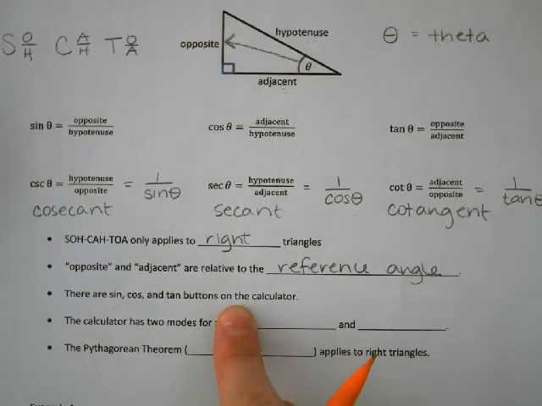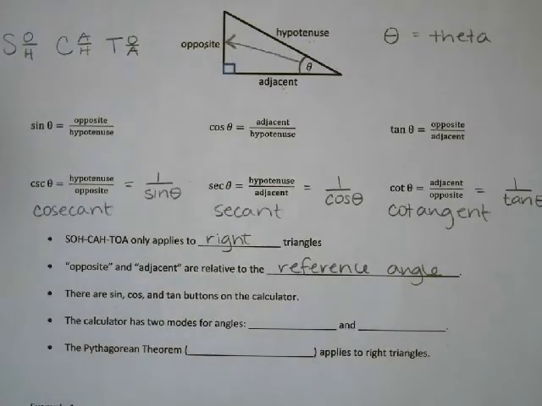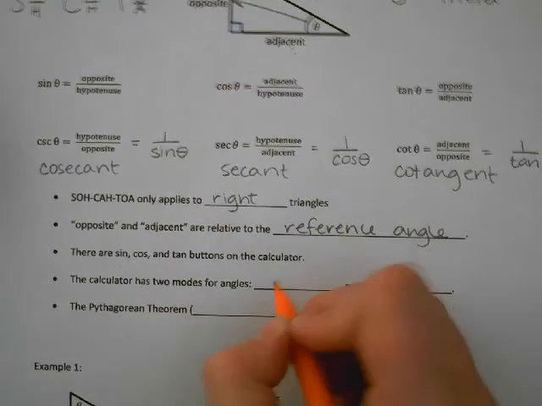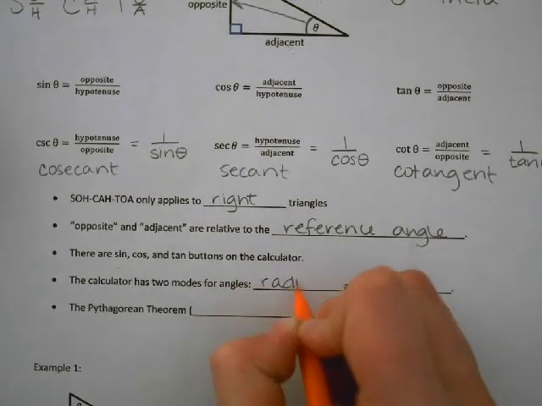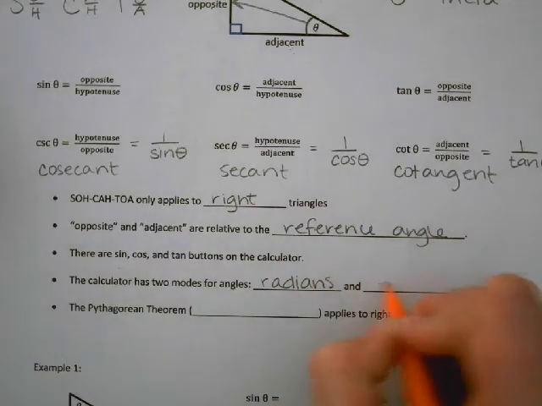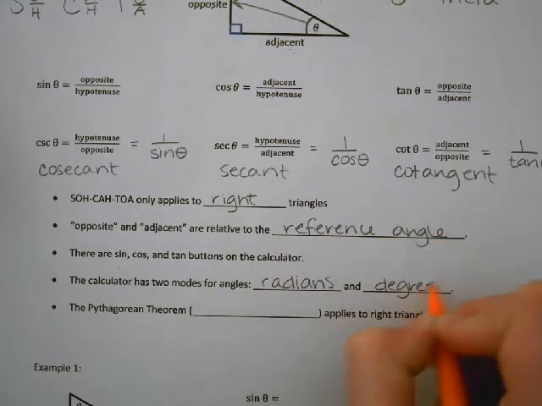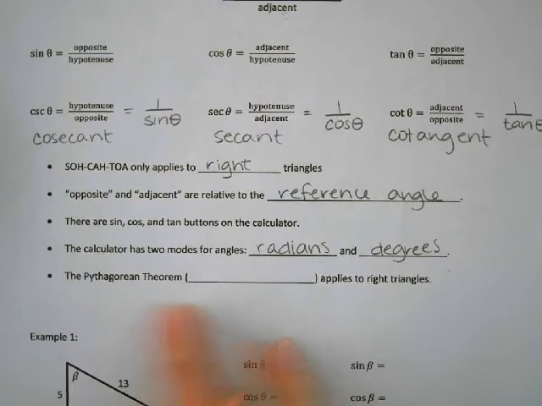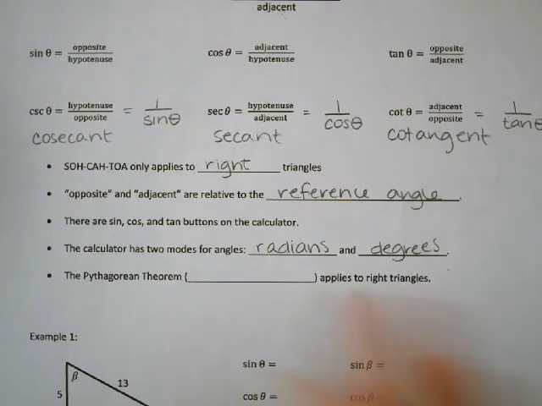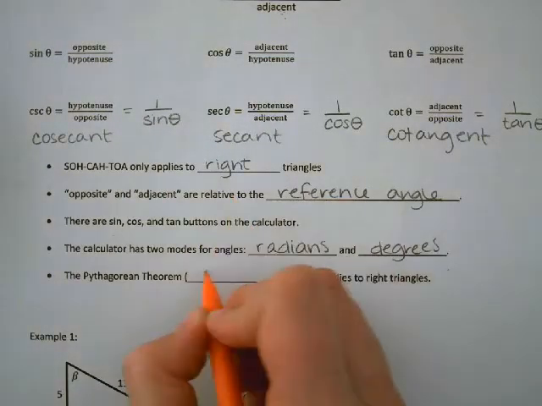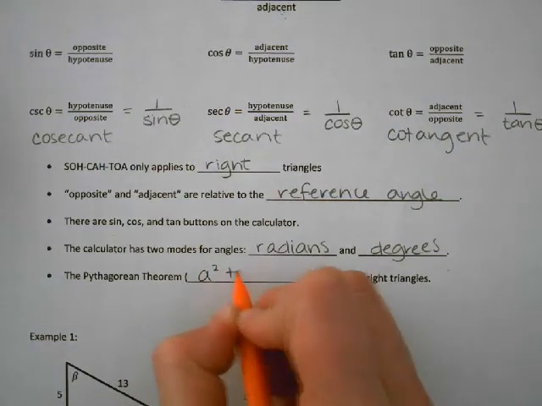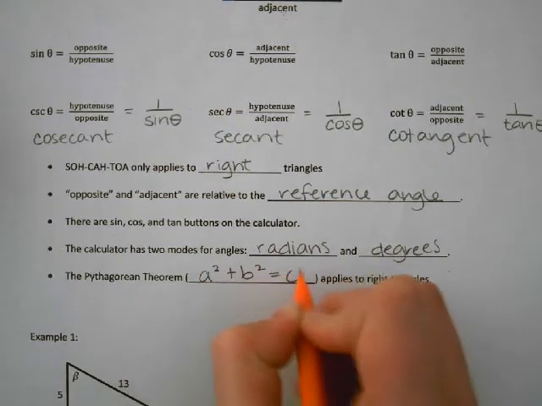So if we're finding sine of like 50, we're going to type that in our calculator. Your calculator has two different modes for angles, radians and degrees. And the Pythagorean Theorem, if you guys recall from back in the day, that's another thing that applies to right triangles, so we're also going to be using that. And that's a squared plus b squared equals c squared.